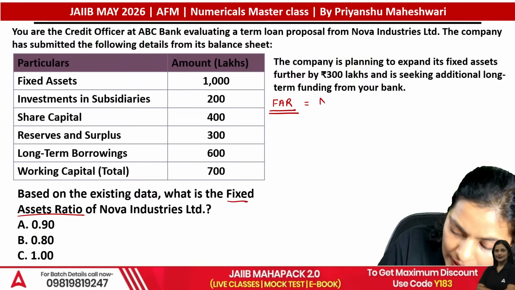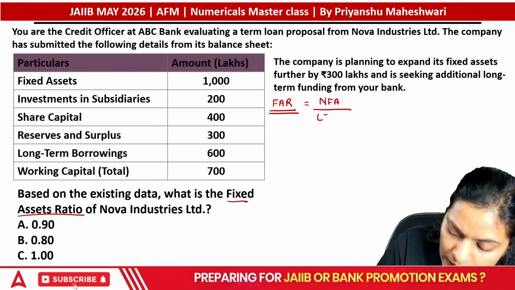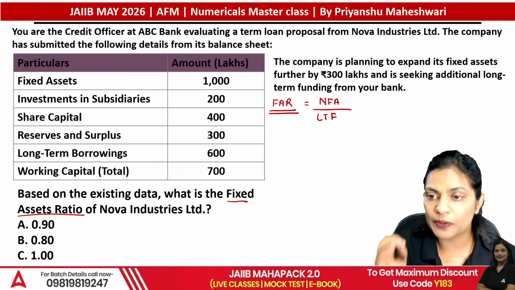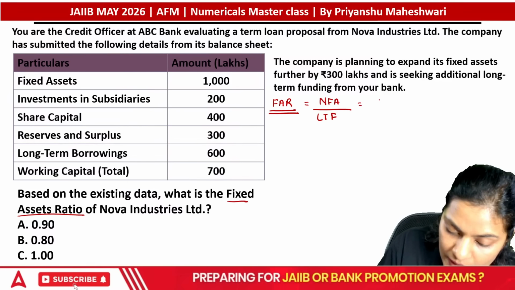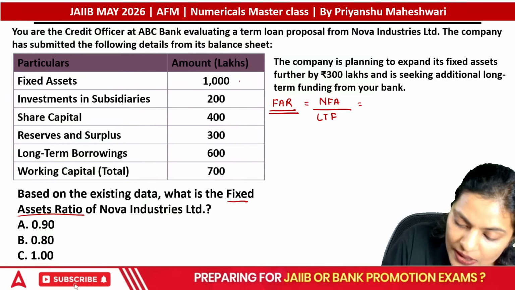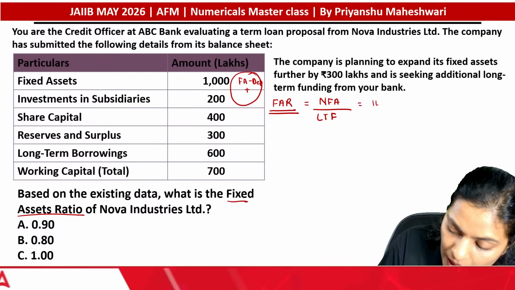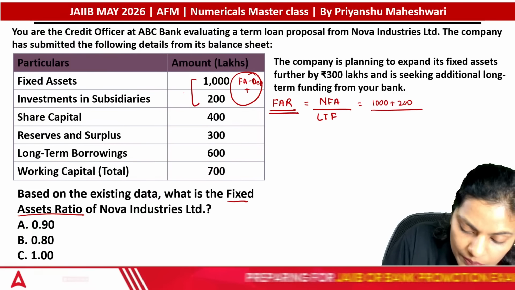So, the formula is net fixed asset upon long-term funds, correct, less than 1, and the perfect is 0.67 or less. Now, my net fixed asset would mean fixed asset minus depreciation plus investment in subsidiaries. So, this will be 1000 plus 200, right, both of them.